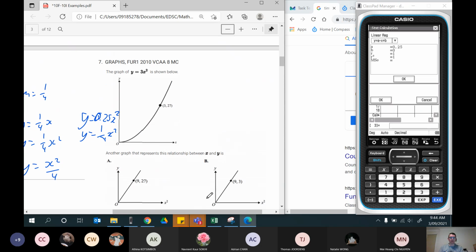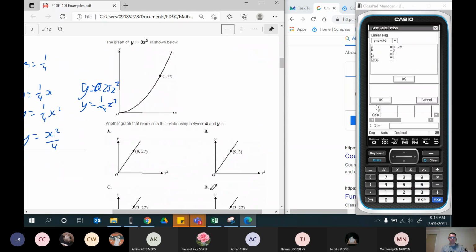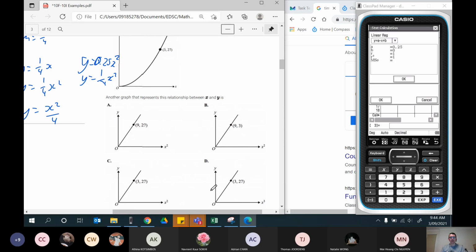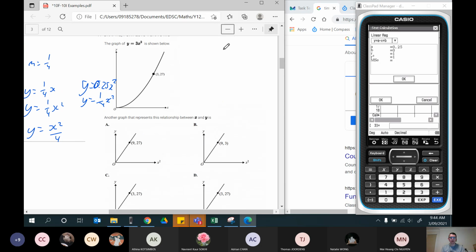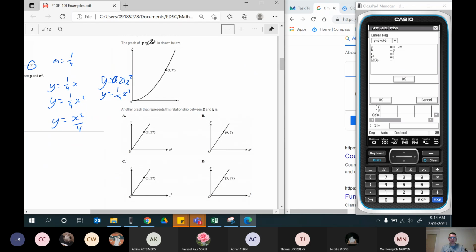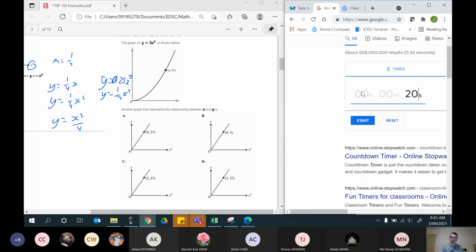Let's have a go at this one. Question 7. Just need to zoom out a bit. So the graph of y equals 3x squared is shown below. Another graph that represents this relationship between x and y, so this relationship is which one? This one's a bit trickier.